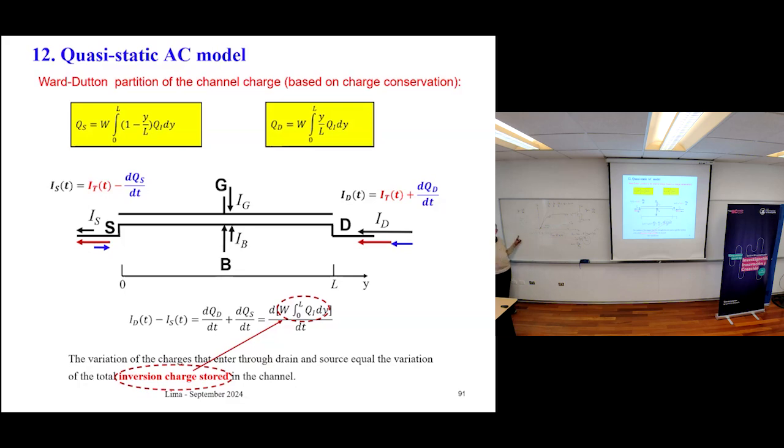What's Qi? Qi is charge density. If you multiply by W, L you have the charge. This would be for the uniform charge density. This integral is the charge in the channel.